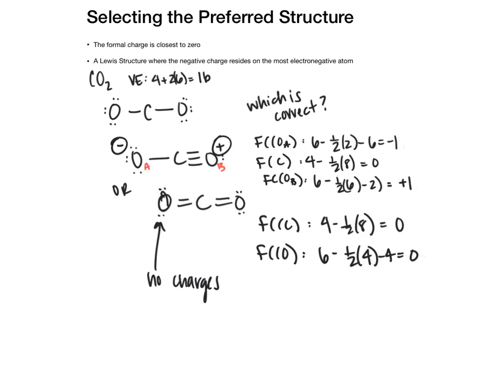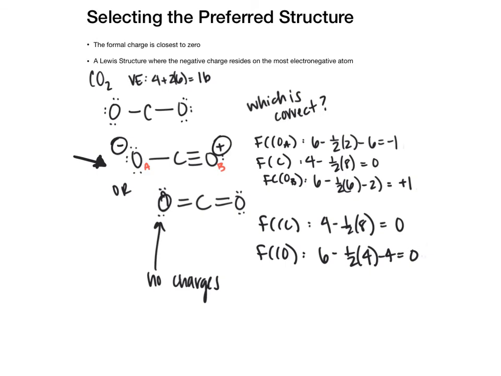So the most preferred structure is going to be the one where the formal charge is closest to 0, or matches what you have in the structure. It's also a Lewis structure where the negative charge resides on the most electronegative atom. The first structure here violates multiple things.